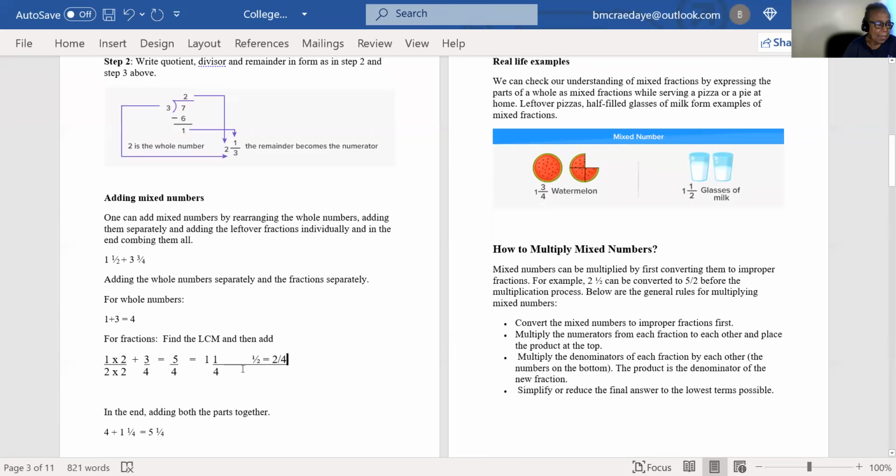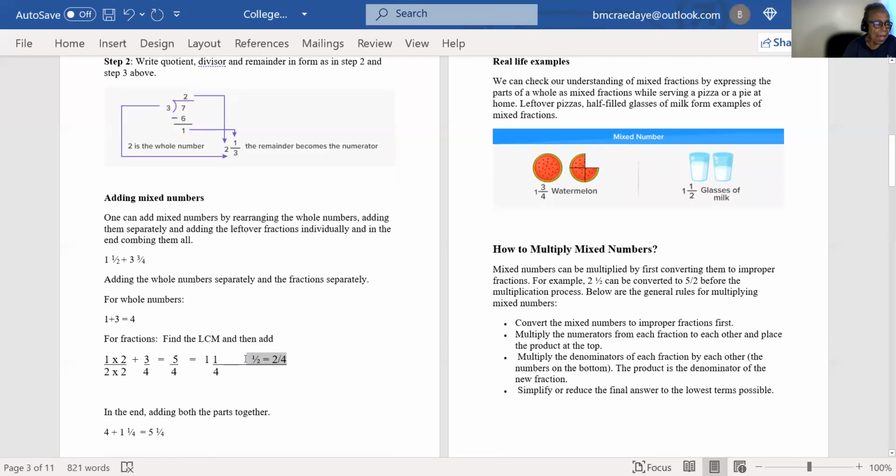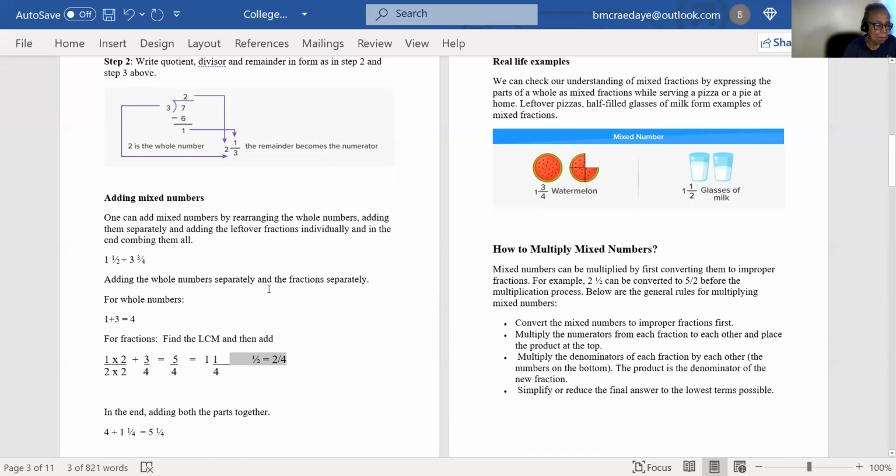We call that the least common multiple, which is our 4. In other words, the number that we can divide both the 2 from the 1/2 and the 4 from the 3/4 into is 4. So that's our least or smallest multiple. Okay. So 1/2 is 2/4.